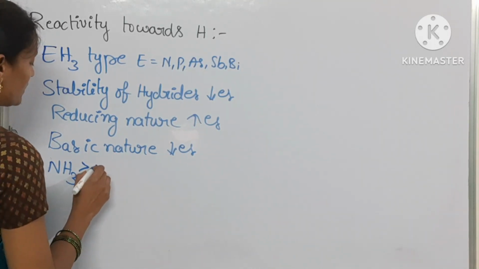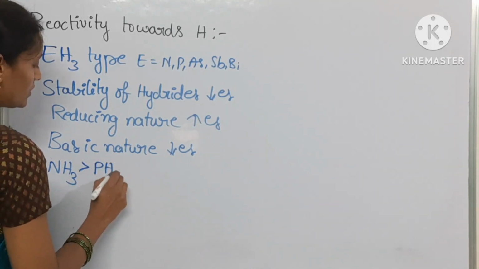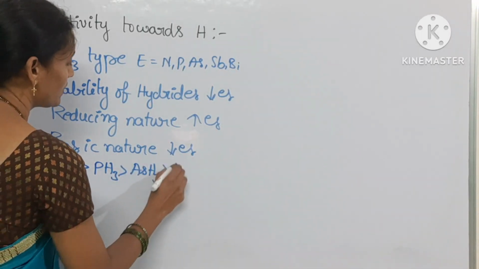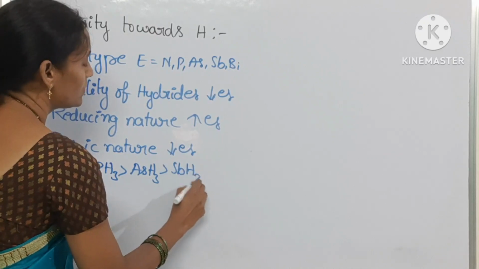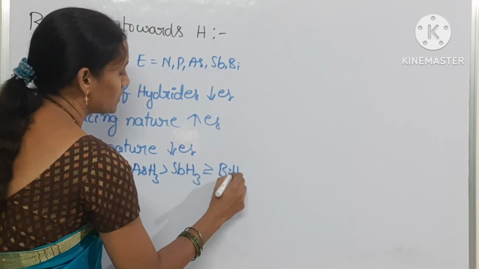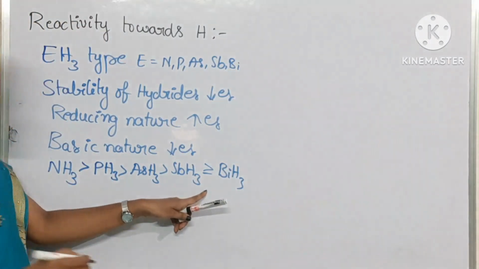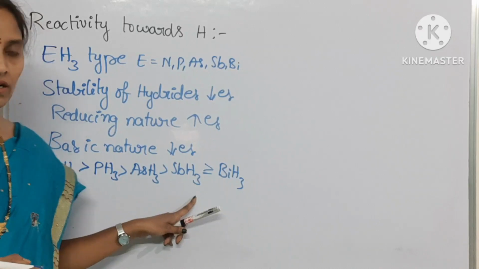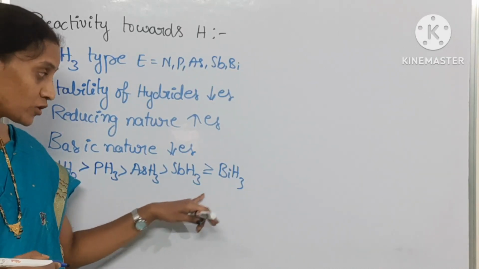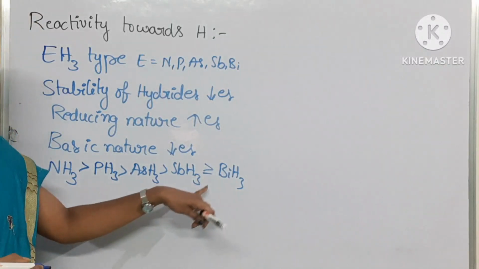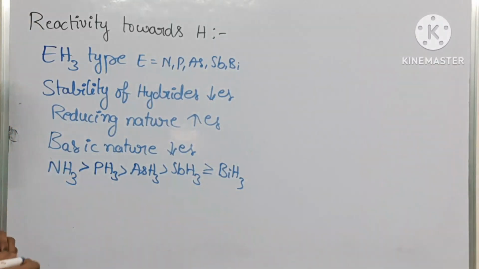NH3 is more basic than PH3, which is more basic than AsH3, which is more basic than SbH3, which is greater than or equal to BiH3, because these two have similar electronegativity. That is the reason greater than or equal to is applicable here. So this is about hydrides.